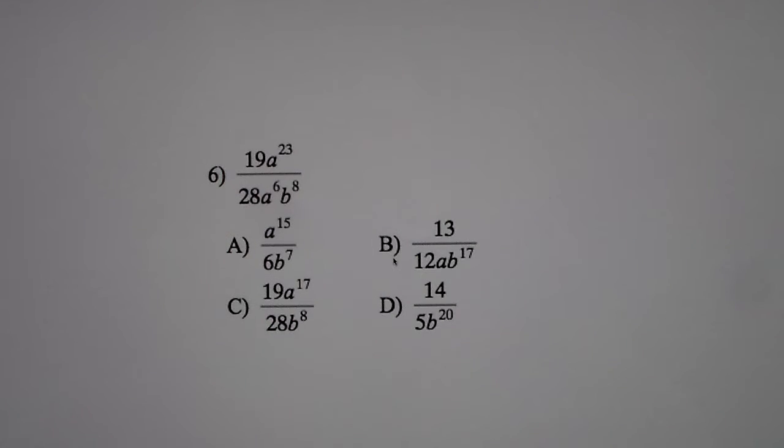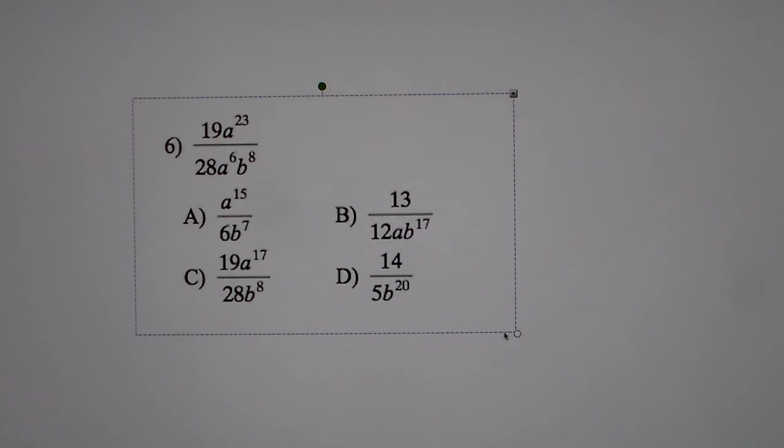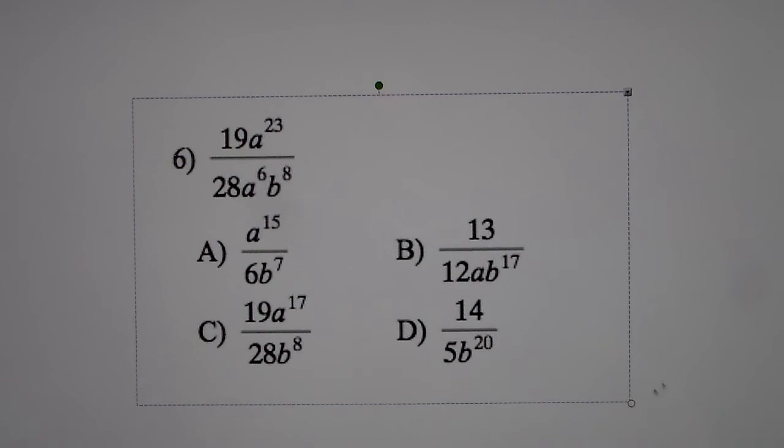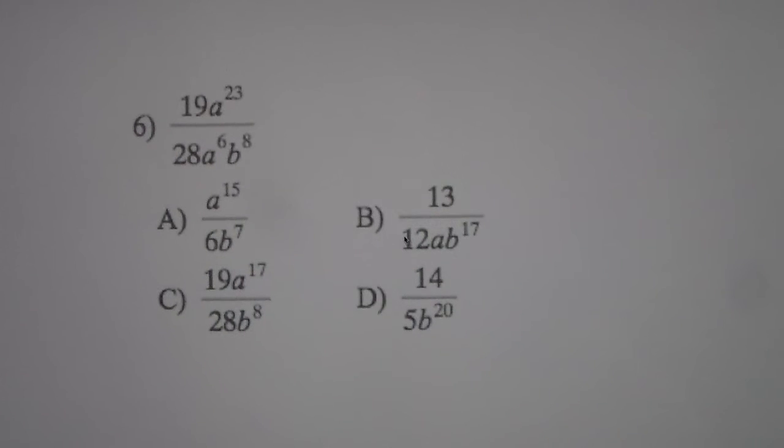Looking at number 6, as you can see, they're starting to get a little bit more complicated because there are a little bit more variables in one. That's okay. It's just the same procedure over and over again, except bigger, so you just have to do the same procedure a couple more times. So now, 19 over 28. If we hit math 1, enter on the graphing calculator, unfortunately it does not simplify any further.